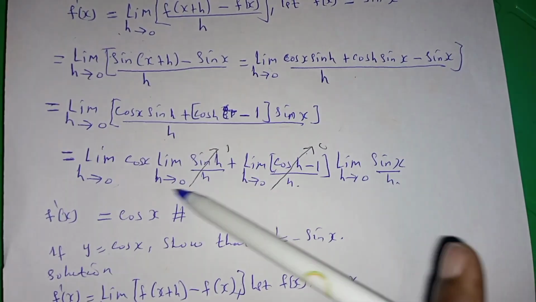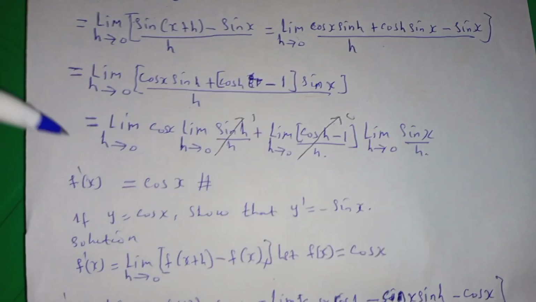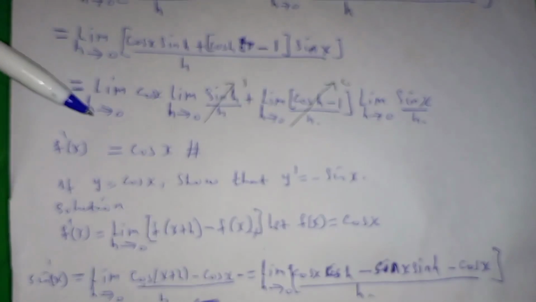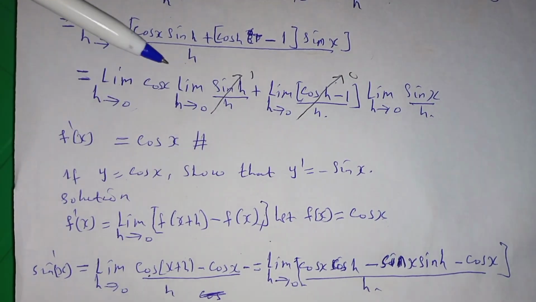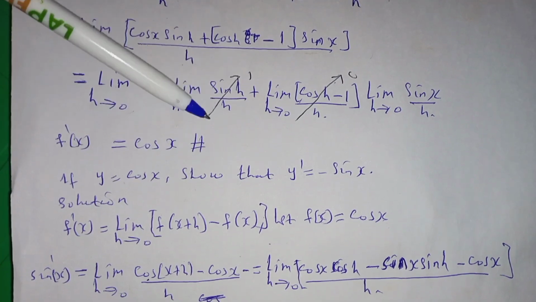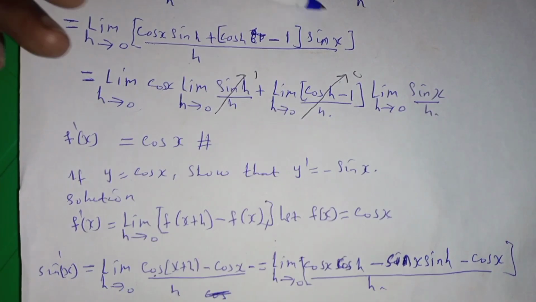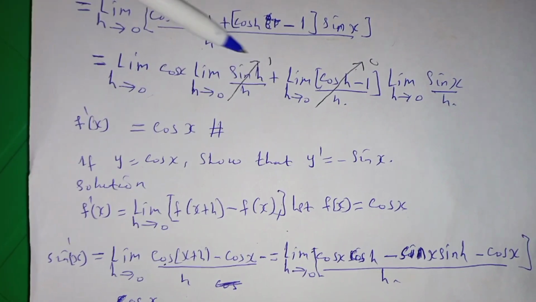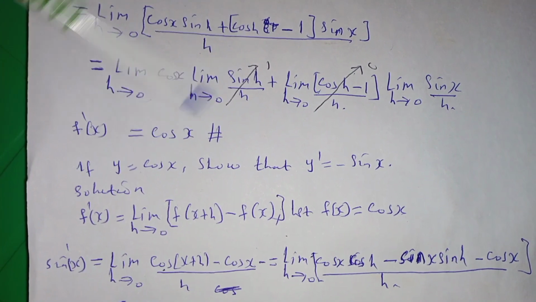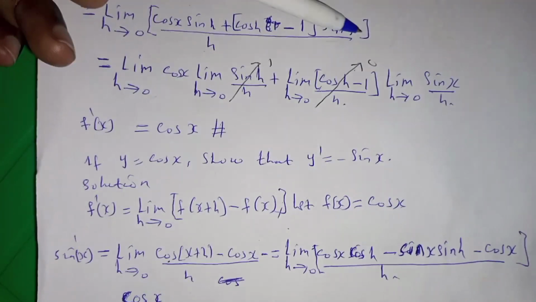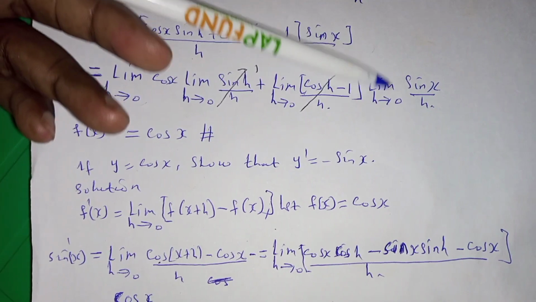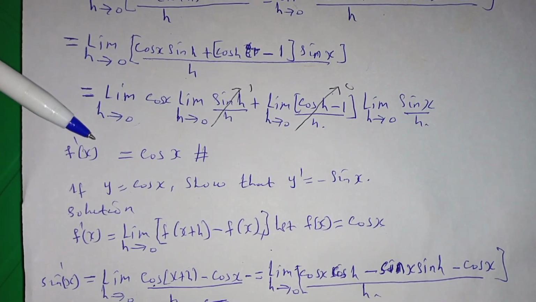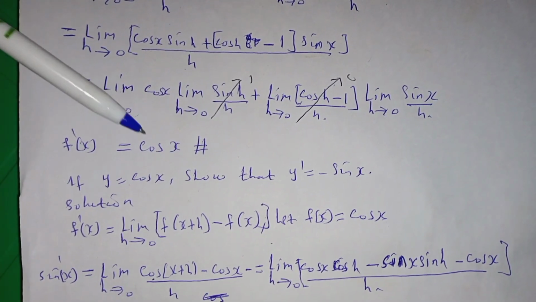Then using the property of limit, you can separate: limit as h tends to 0 of cos x times limit as h tends to 0 of sin h over h, plus limit as h tends to 0 of sin x times (cos h minus 1) over h. And now we are going to find out that this one will become 1, 1 times cos x is cos x. This part here will become 0, and 0 times sin x will give us 0. Hence, the derivative of y equals sin x is equal to cos x.